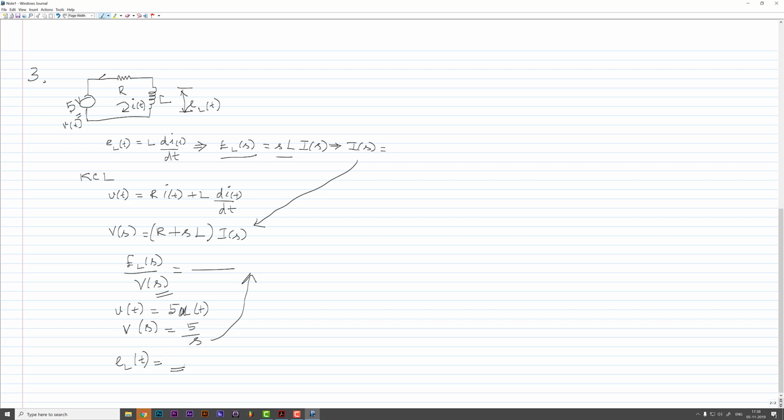Substitute the values of L, R, and you will get a function of t. Another part of the question is also to plot EL of t and find the numerical value of EL of t at t equal to 1. The first part is to plot this EL of t. Take time on the x-axis for different values of t, find out the value of EL of t, substitute, and you can plot it.